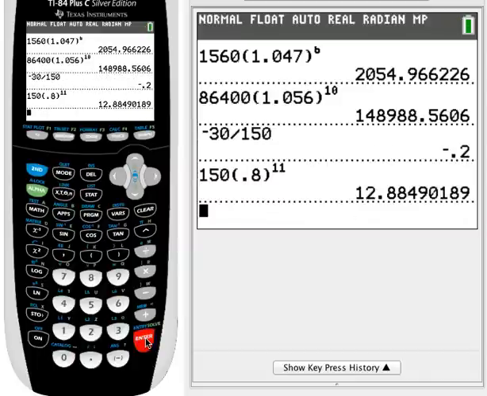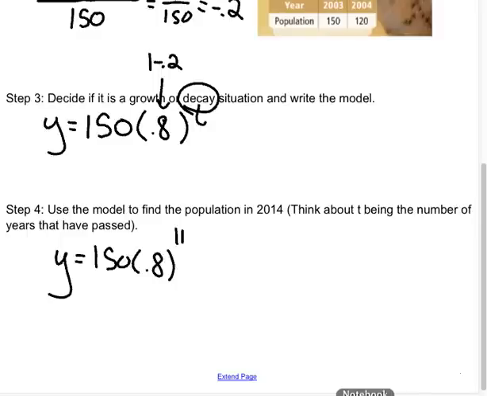Ouch. What that's showing is if that trend continues, there's only going to be 13 lynx after 11 years. Now, will the trend continue? We don't know. But just from the data given, that's what it's telling us.